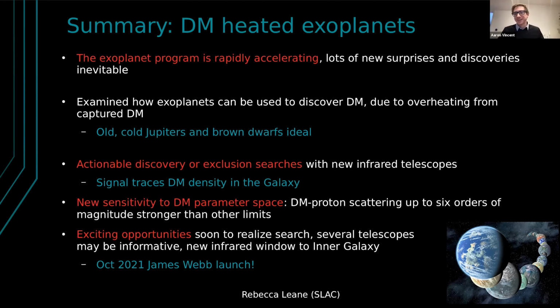Would this signal by any chance look like a diffuse set of unresolved point sources, with the galactic center excess sort of direction? Actually, I didn't mention that because I was trying to cram everything in for time, but it's very interesting. We didn't mean to do this, but we realized you can explain the galactic center excess with this setup. There have been claims in recent papers that the morphology of the excess looks more like the stellar bulge than dark matter.